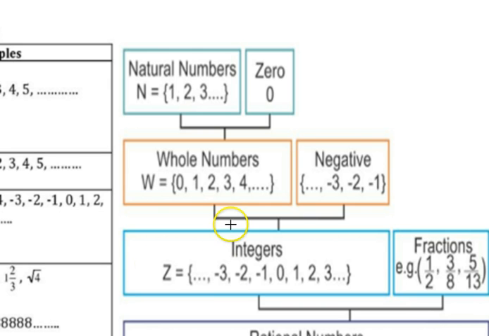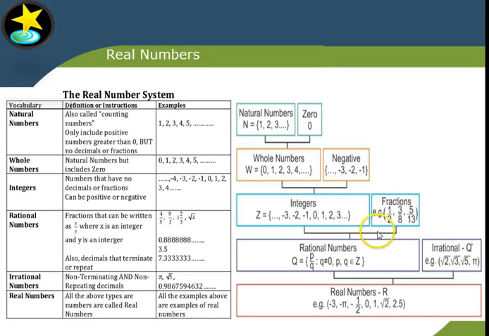And again, when you reach integers, what you're left with is fractions. If you include these fractions, what you get is rational numbers, where any fraction we can represent as p by q, where q is not equal to 0 and p and q belong to integers, we call them rational numbers.